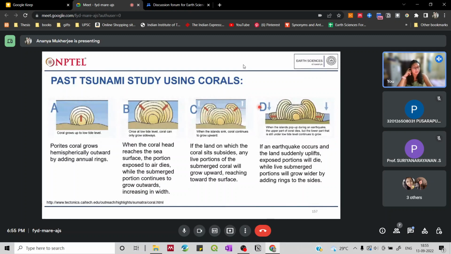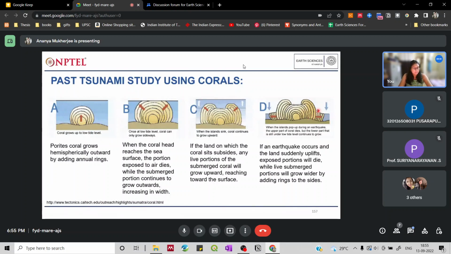Now if you consider D, okay, suppose this was in the western Andaman part. Because the western Andaman has been uplifted, the sea level has fallen. Now when the sea level has fallen, you can see that this area will not grow upwards anymore. It will start growing towards the sides.